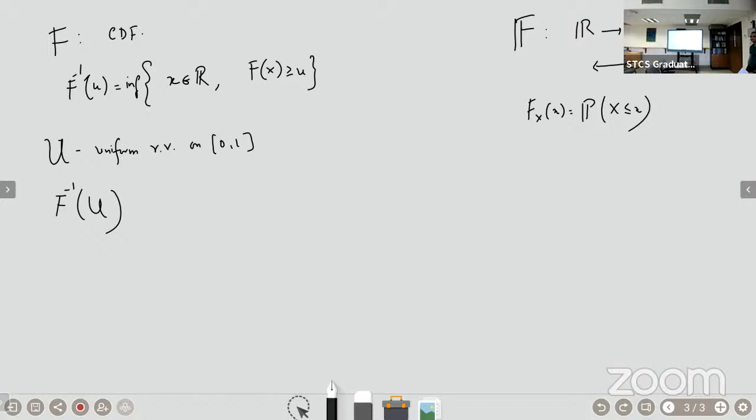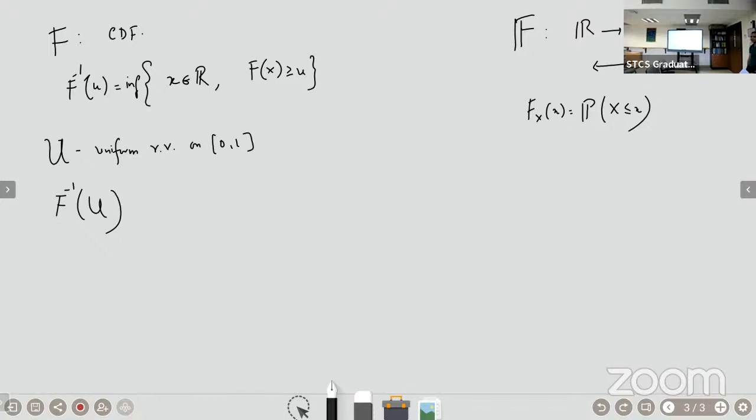Discrete. It always takes value 1. A random variable, it always takes value 1. What is F for that? It is 0 everywhere except at that 1. What is F inverse U going to look like? Take any point U, where does F inverse U get mapped?